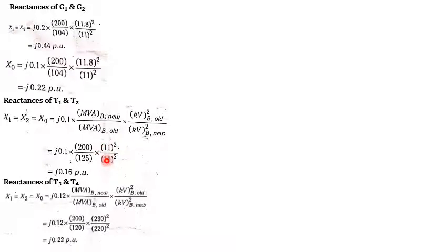Considering the low voltage side, 11 by 11, you'll get 0.16. For T3 and T4, better to consider the high voltage side, which is what we prefer. Here x1 is equal to x2 is equal to x0, which is 0.12. MVA base 200, old value is 120. Look at this: kV base, old value is 230 square, new value is 220 square. So we'll get 0.22 per unit.